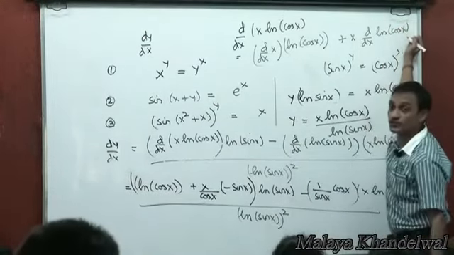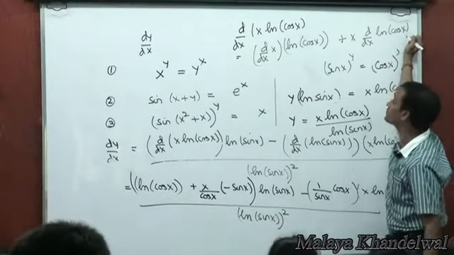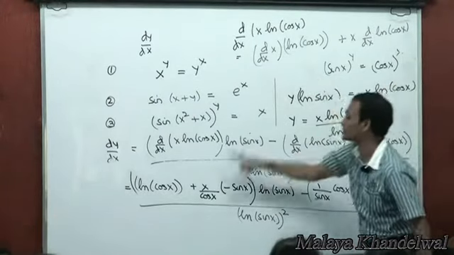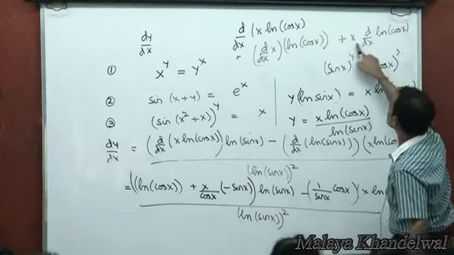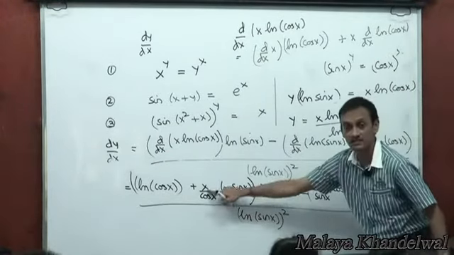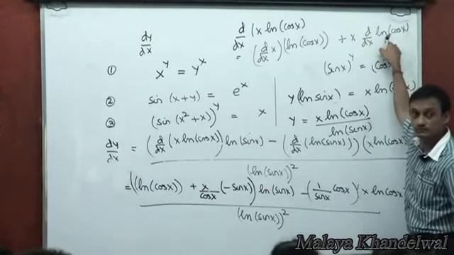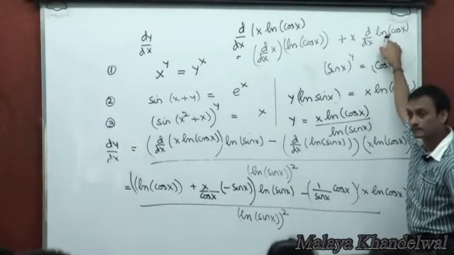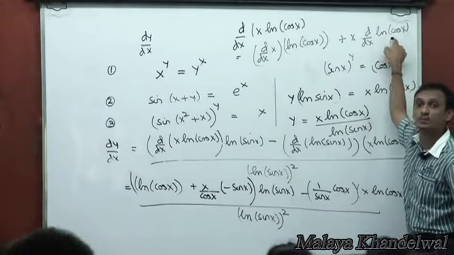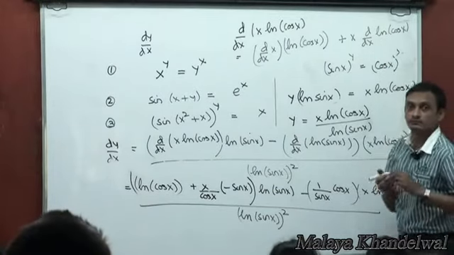Derivative of first function into second function plus derivative of second function into first function. This is 1 into ln cos x, which is the first term, and then the second term x, right, into derivative of the second function. Got me? Are you all certain about this?